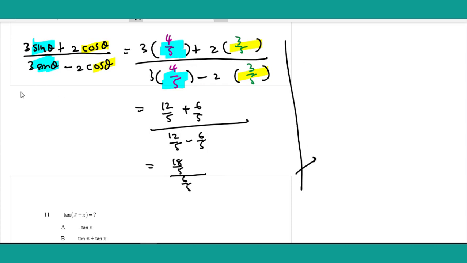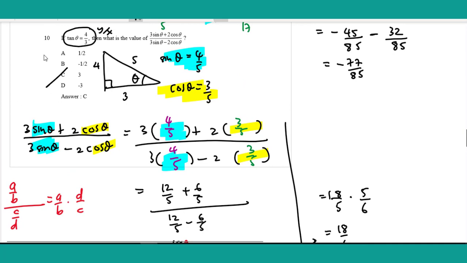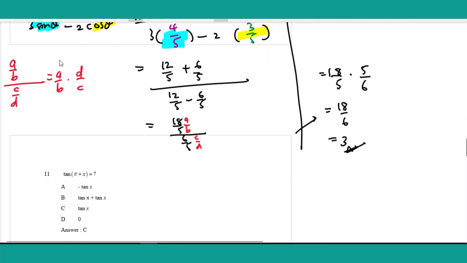Then I use this concept: A over B over C over D is equal to A over B times D over C. So it is 18 over 5 times 5 over 6, which is equal to 18 over 6, or 3. Okay, the answer is 3.